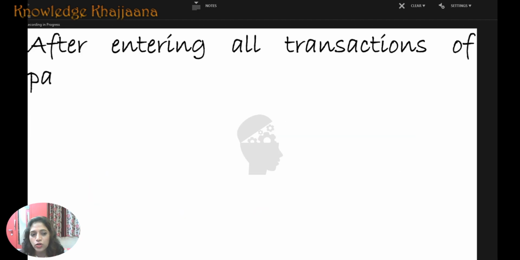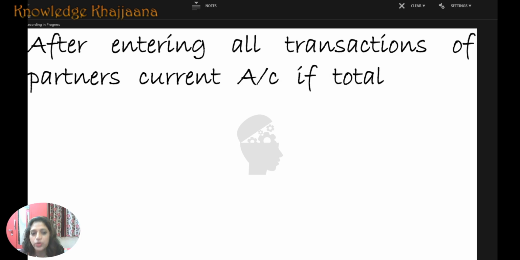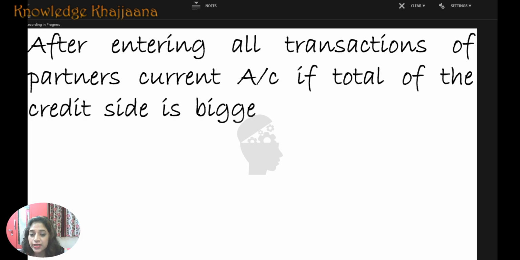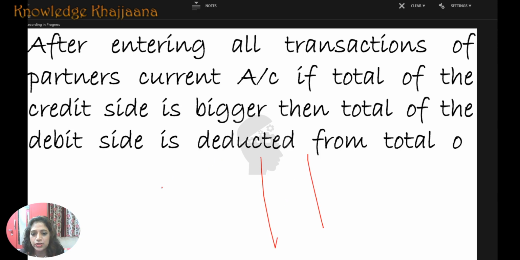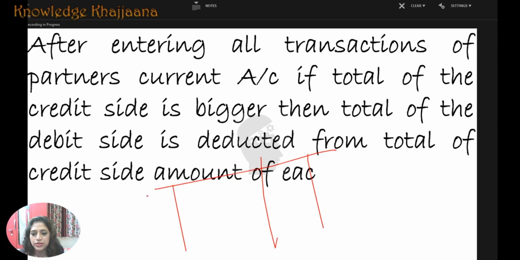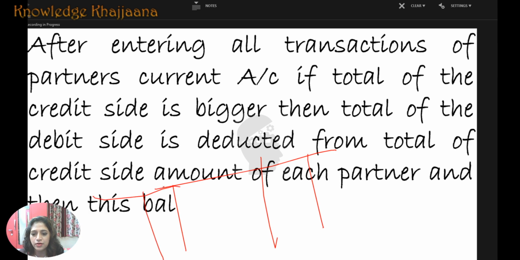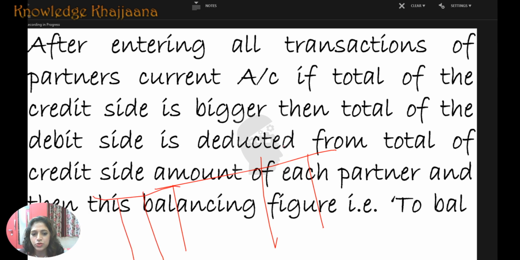After entering all the transactions in the partner's current account, if the total of the credit side is bigger, I had showed you: this is the credit side and this is the debit side. Suppose there are two partners.